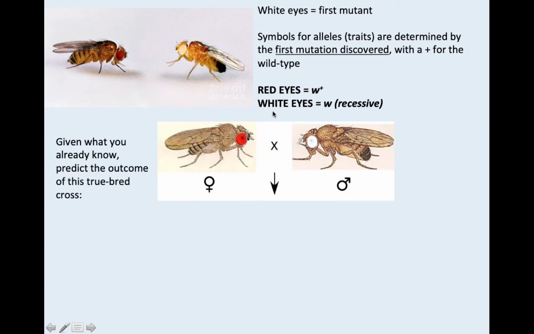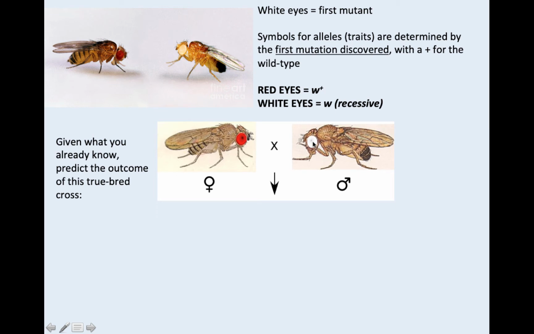All right, so here is a female. There she is with her white eyes. And she's going to have baby flies. She's going to have some maggots with the male here, and the male has white eyes. Given what you know about Mendelian genetics so far, I want you to do this cross and figure out what the offspring are going to look like.